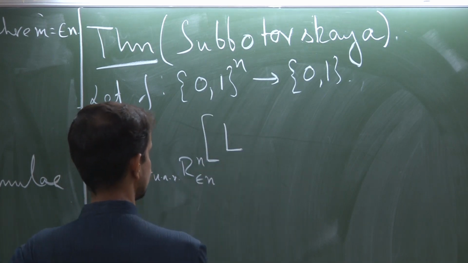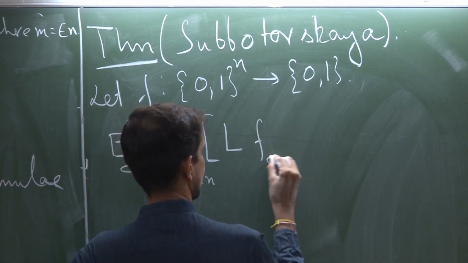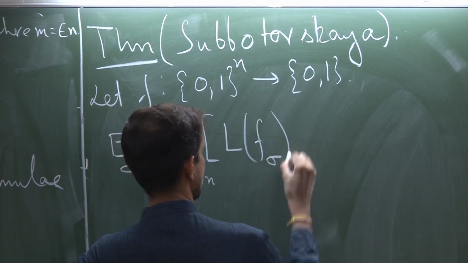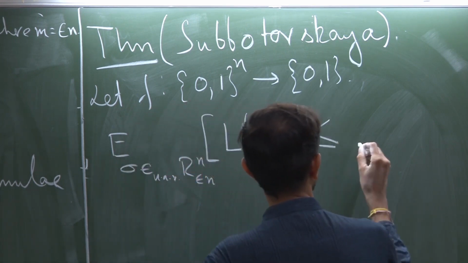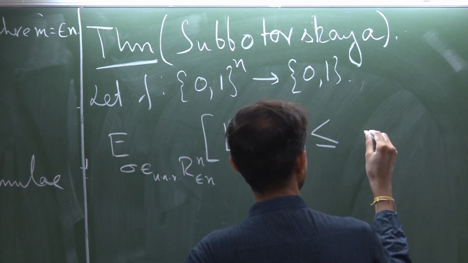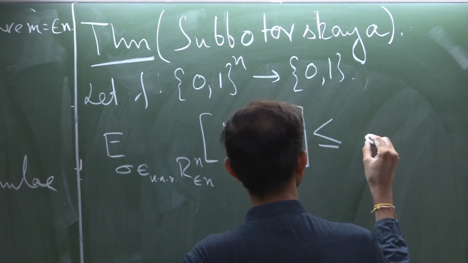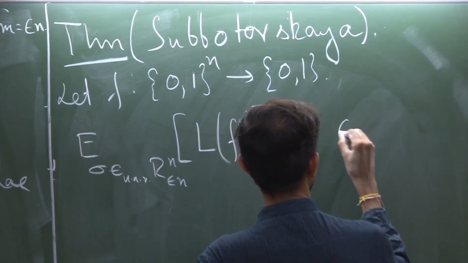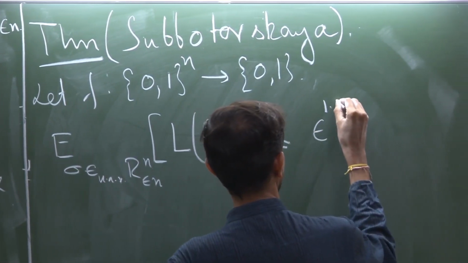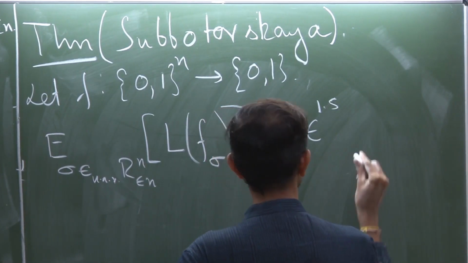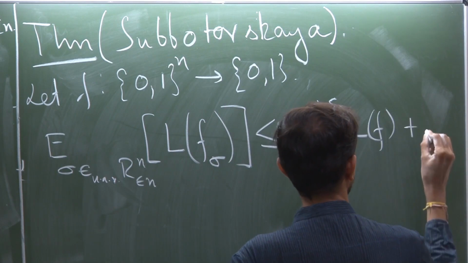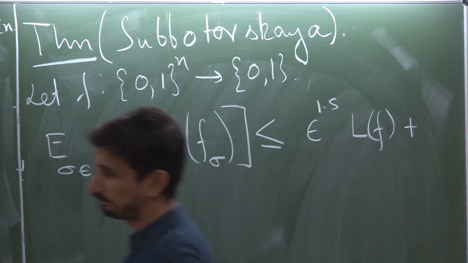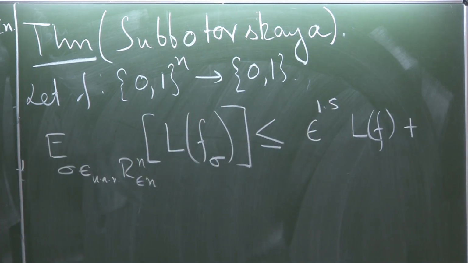then the leaf size of f restricted by sigma is bounded by epsilon to the power 1.5 times the leaf size of f plus 1/3.